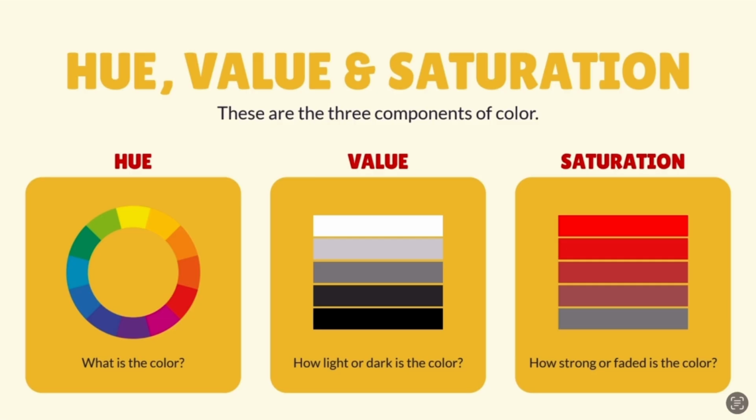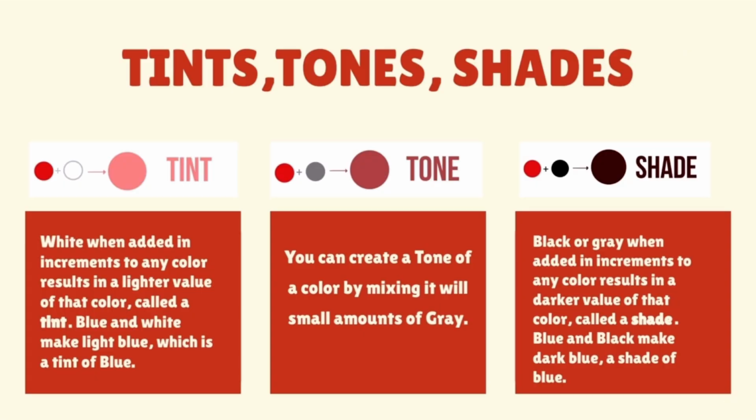Value: how light or dark is that color? Or saturation: how strong or faded is this color? And here are the tints, tones, and shades. White, when added in increments to any color, results in a lighter value of that color, called a tint.